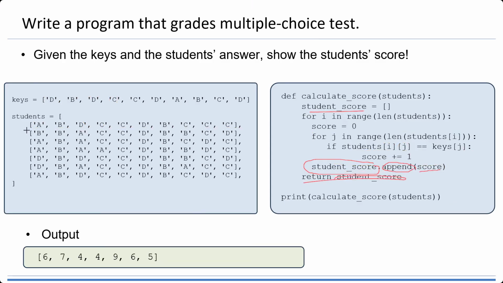So the student score will have 7 entries. So this is index 0, 1, 2, 3, 4, and so on. So this is the final score. Print calculate score with the value from the student answers.